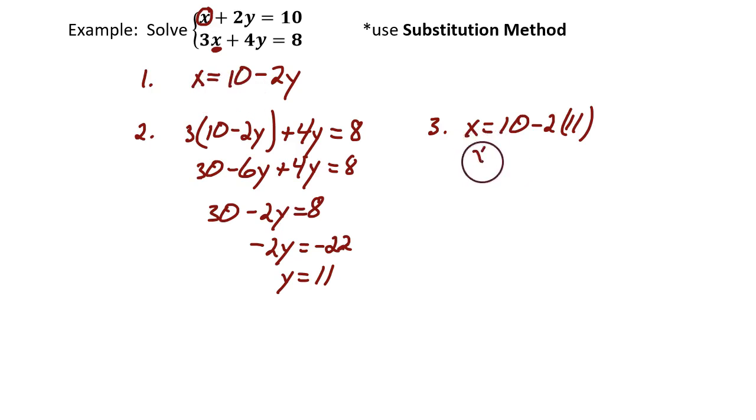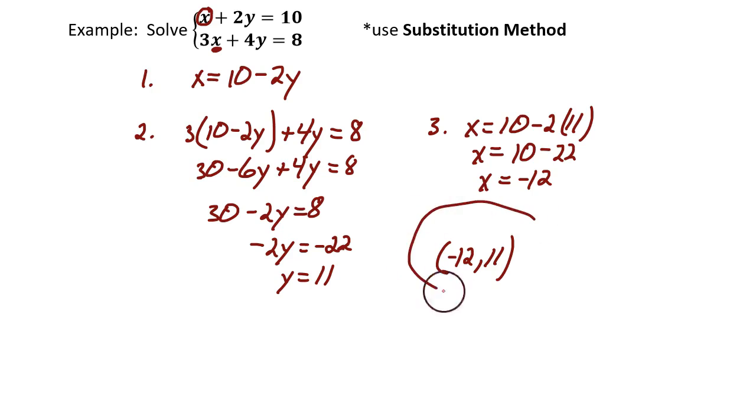Now solve this. 2 times 11 is 22, and 10 subtract 22 is negative 12. By inspection, we know the answer for x is negative 12 and the answer for y is 11. So our ordered pair is negative 12, 11. Be sure to put x first and then y when you do the parentheses.